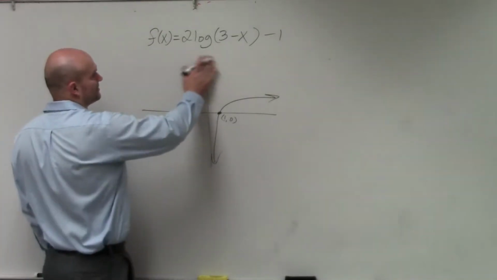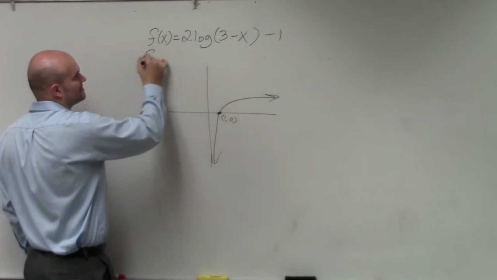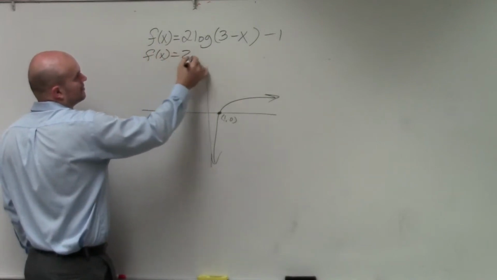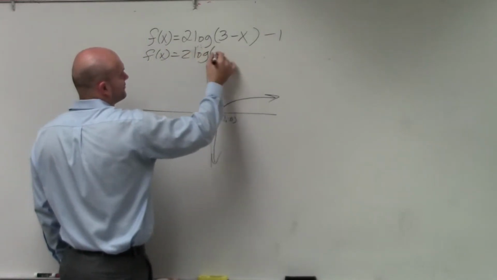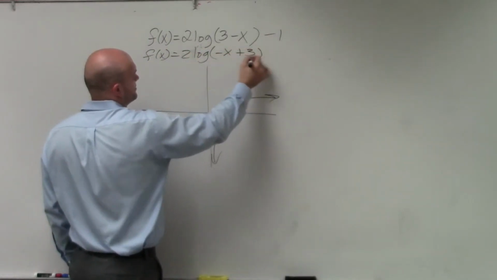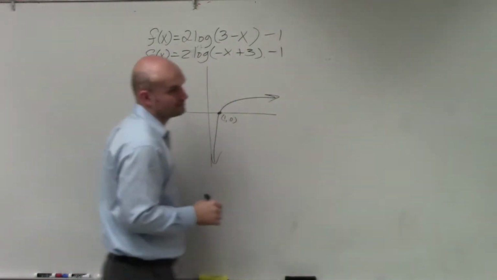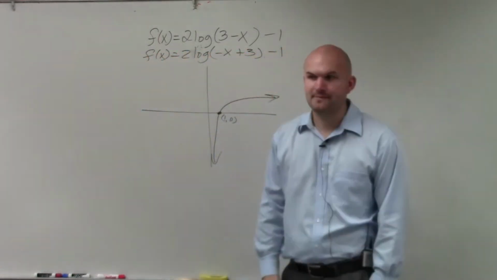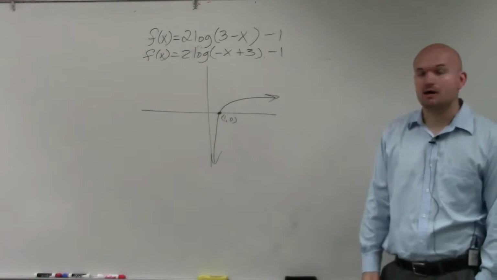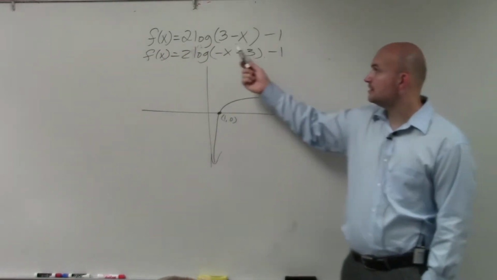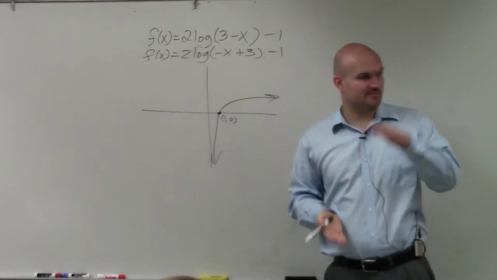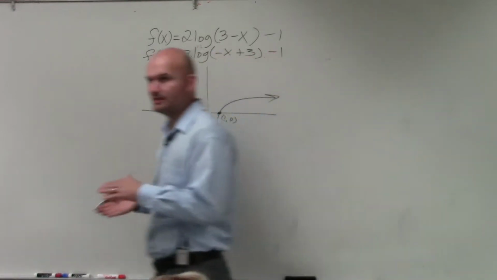The next thing, what I typically prefer to do is to rewrite this as log of negative x plus 3, minus 1. OK? So now what you guys can see is remember A, that's just going to be your vertical stretching and compressing of the graph.